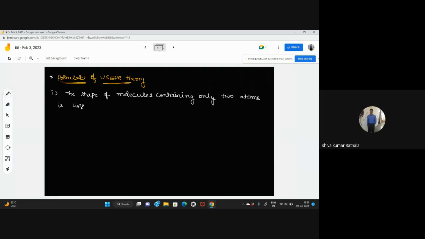So in a molecule we have only two atoms. For example, HCl: how many atoms are there? Only two atoms, hydrogen and chlorine. Its structure will always be linear. Linear means straight, no?